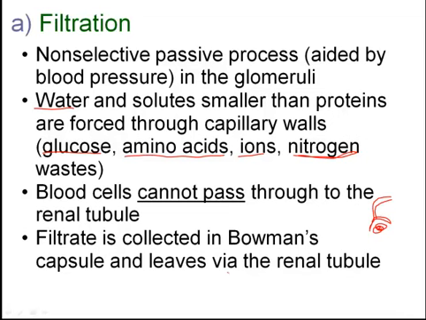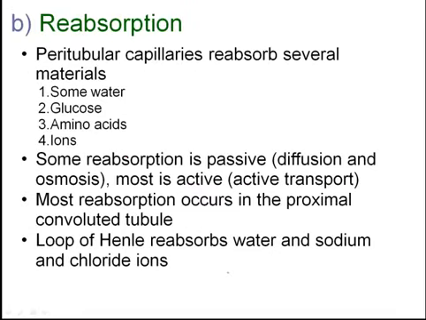The thing is that a lot of the stuff that's in there we want back. So the second step is called reabsorption. Several materials that have gotten filtered out initially are going to get back into the blood. These things could be water, glucose, amino acids, and the various ions, which is very important.